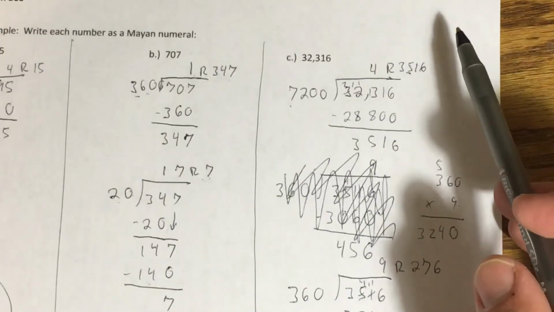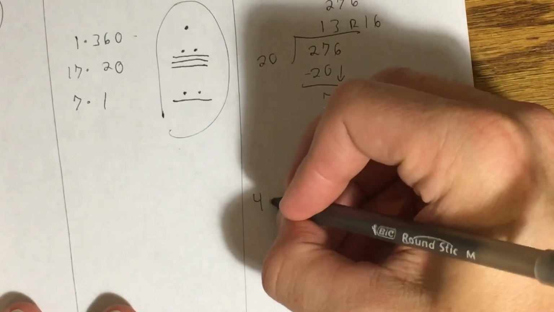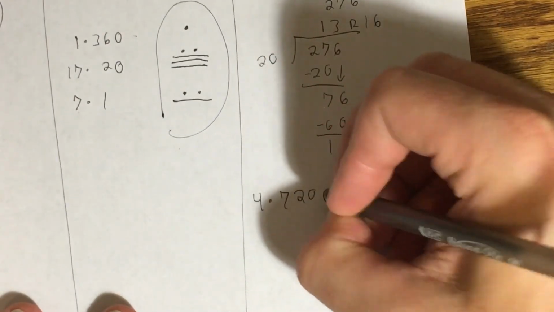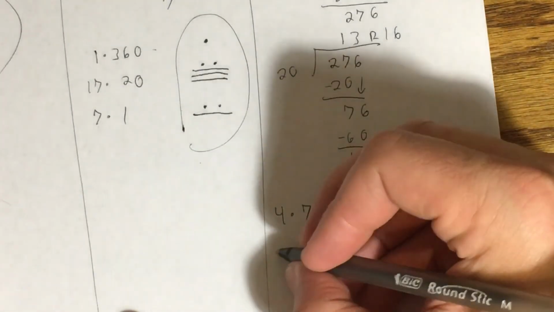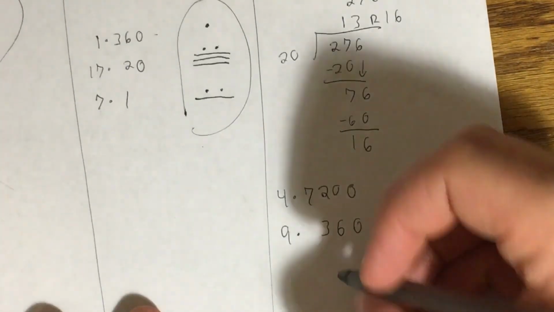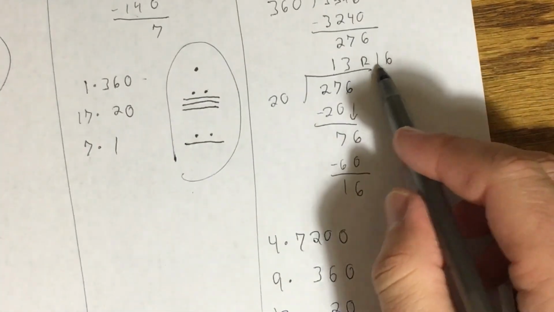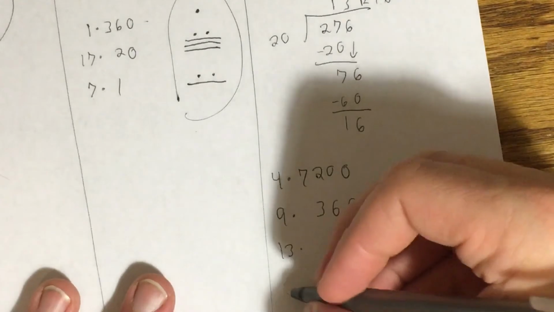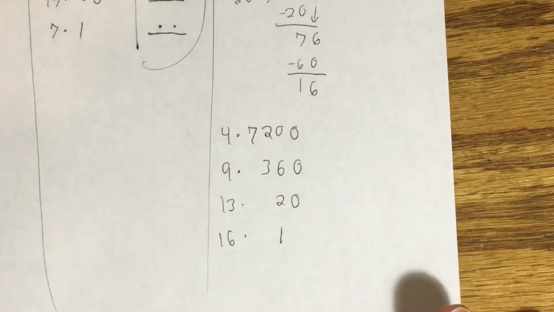This tells us that our number has 4 7200s in it. 4 times 7200. It has 9 360s in it. 9 times 360. It has 13 20s in it, so 13 times 20. And then this final remainder here is going to end up being my ones place. 16 times 1.